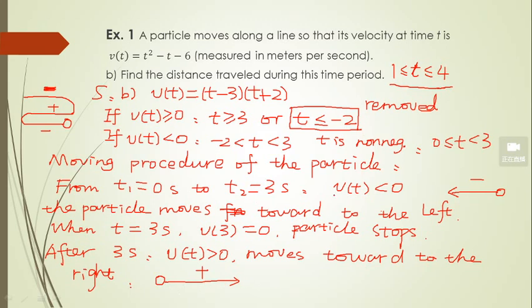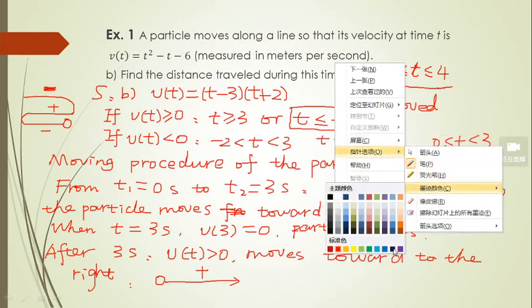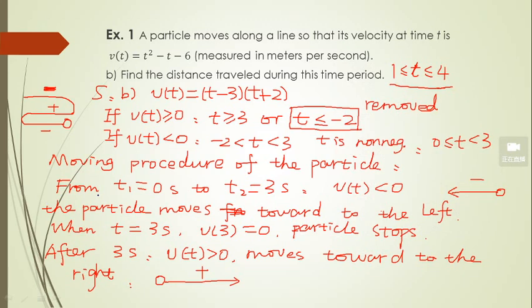Now let me use a different color to denote it, with part 1 and part 2. So here part 1, when t is 1 second to 3 seconds, toward the left.